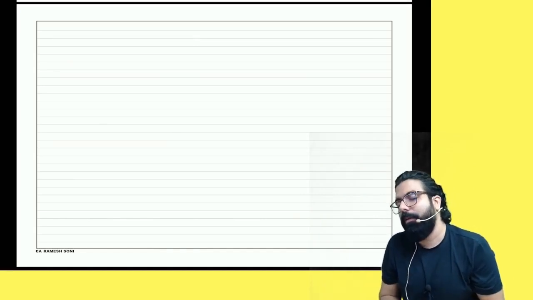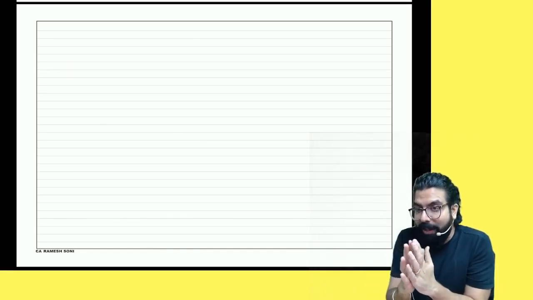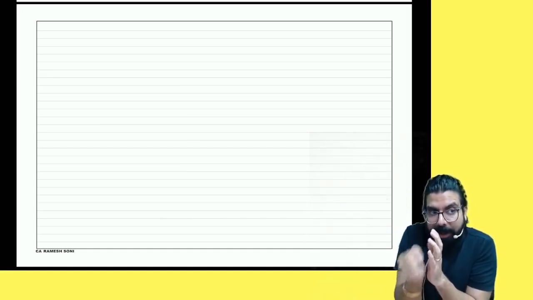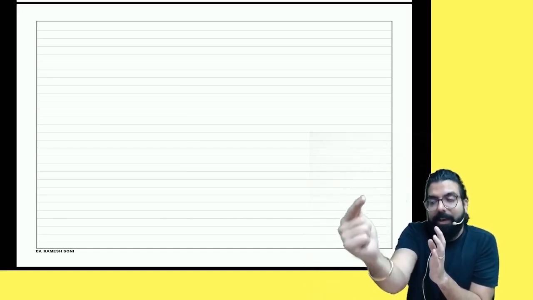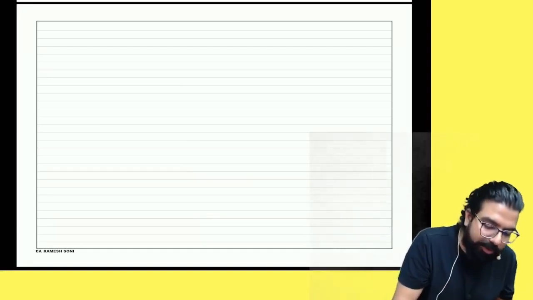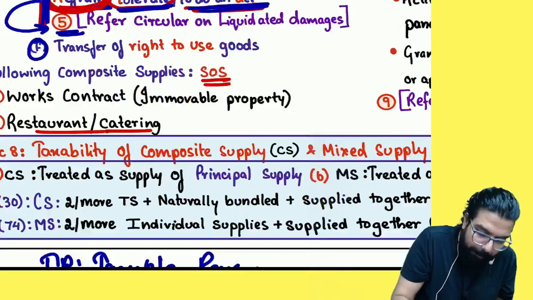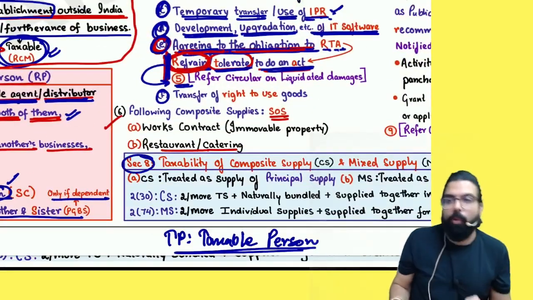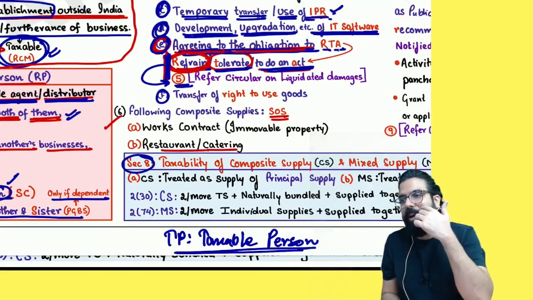Not taxable. Because first of all, I need to have an agreement, and only if I have an agreement and the money comes, it is a supply of service and it will become taxable. Is my point clear? I have to explain the circular, but to understand it completely, you need to first understand section number 8. So once we reach there, then I will go ahead and explain it to you.